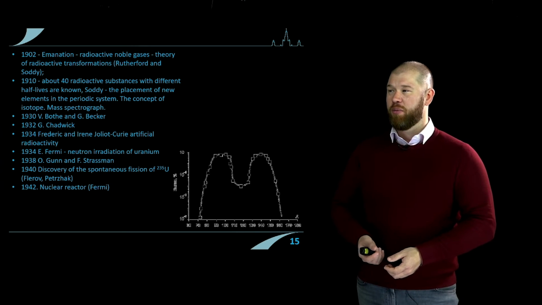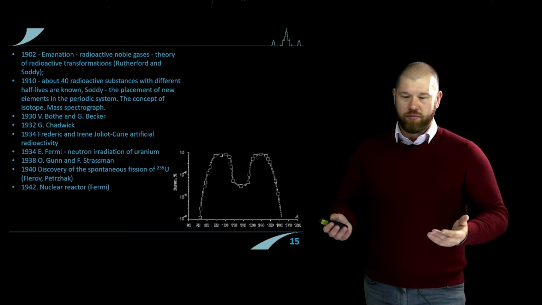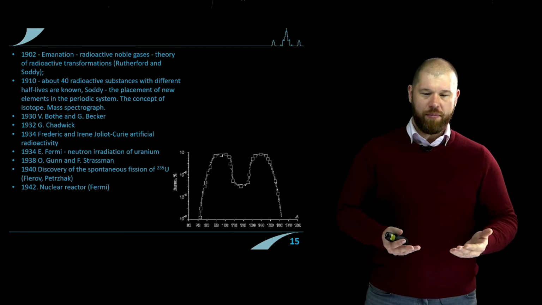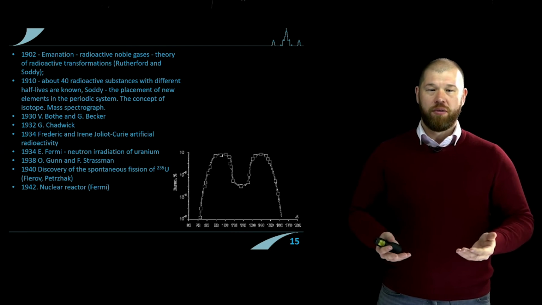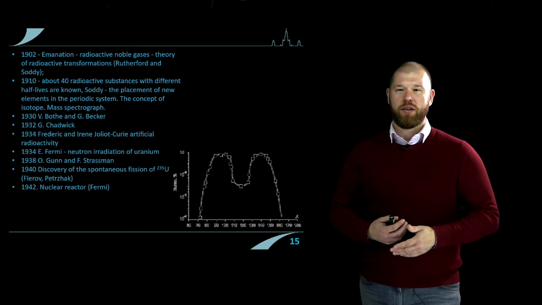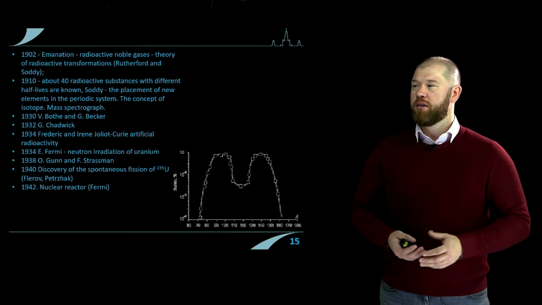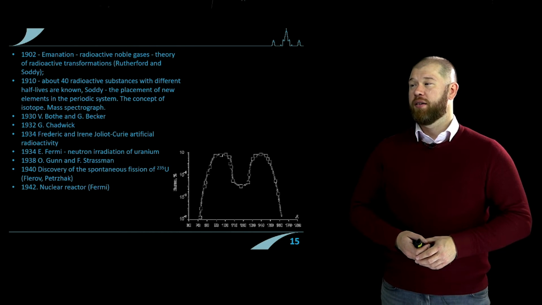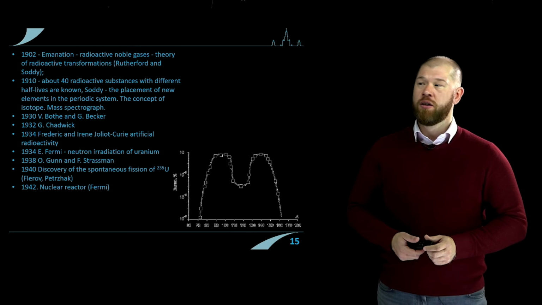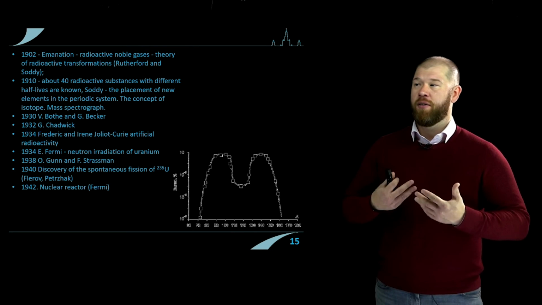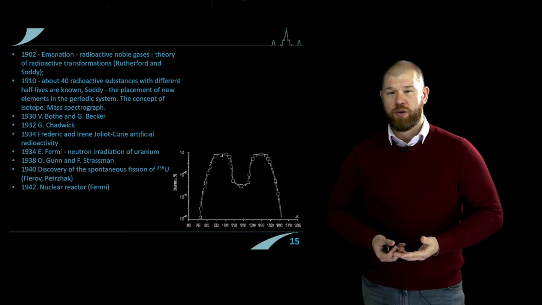It was very difficult to understand what was happening, and many people didn't believe in the possibility of such splitting of the nucleus, but it was proved. And later, in 1940, Flerov and Petrzhak discovered the spontaneous fission of uranium-235.